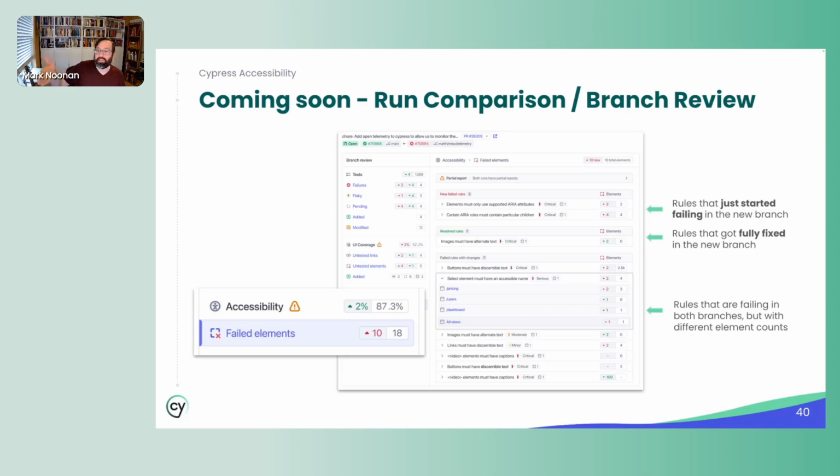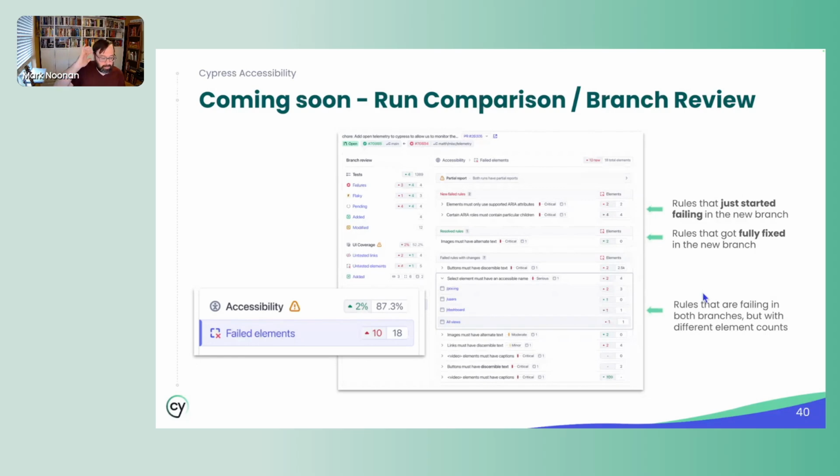So this is the signal that something that used to be passing is now failing. The second section is resolved rules. These are the wins, where it used to be some number and it went to 0. That's also really useful as you're trying to fix something, or maybe you change out a part of your component system and you just want to see the effects of that. This is confirmation that these 2 runs have this rule fixed or something.